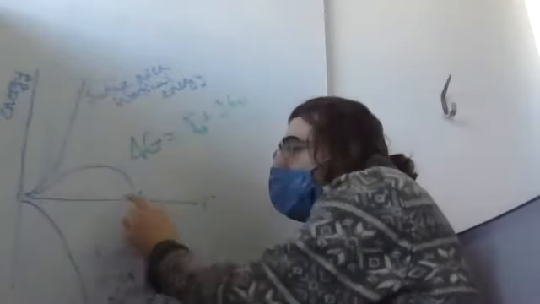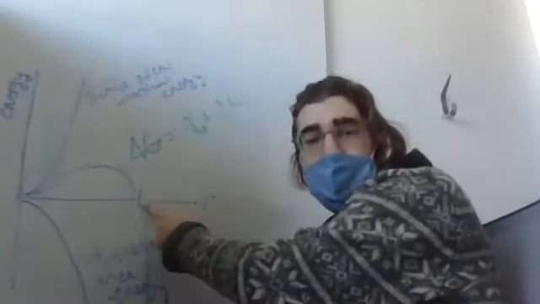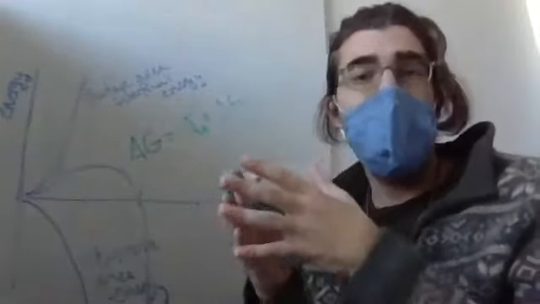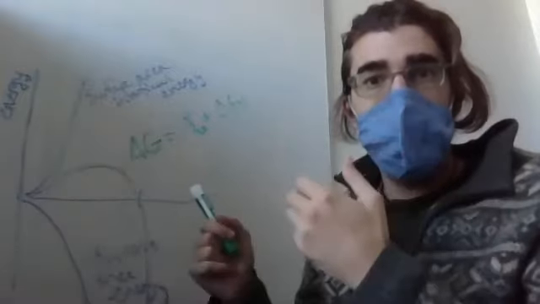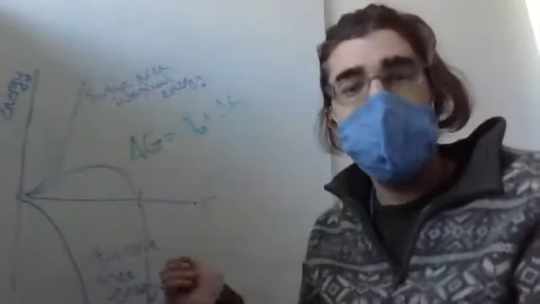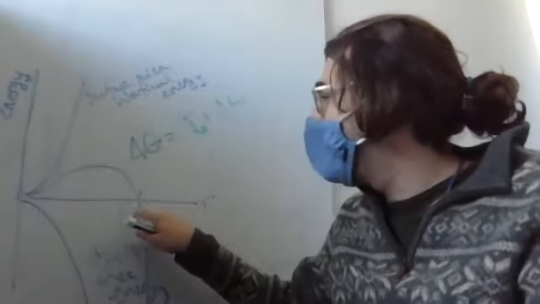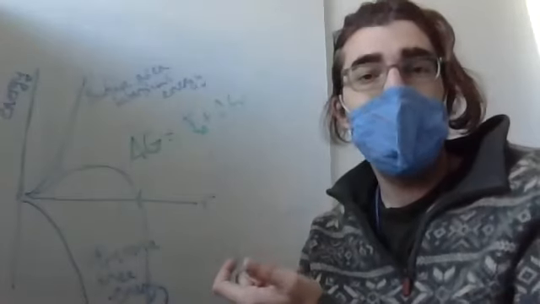So this point here is the critical radius of the new phase at which it's more energetically favorable to be in the new phase than to be out of the new phase, and the new phase can exist. This radius here is the critical size, and this can change based on temperature, right?